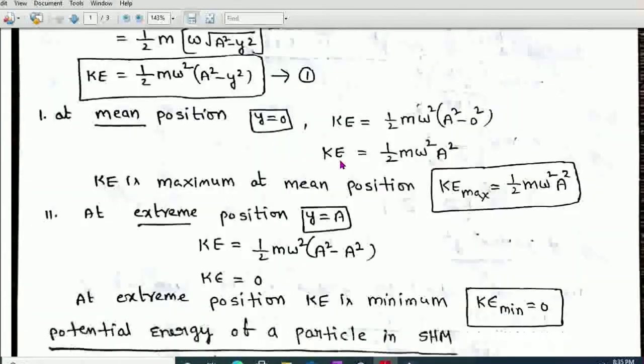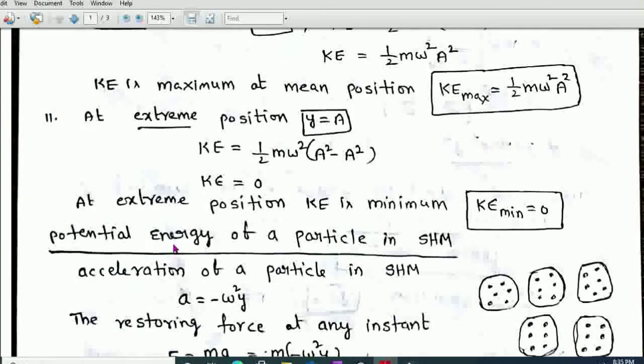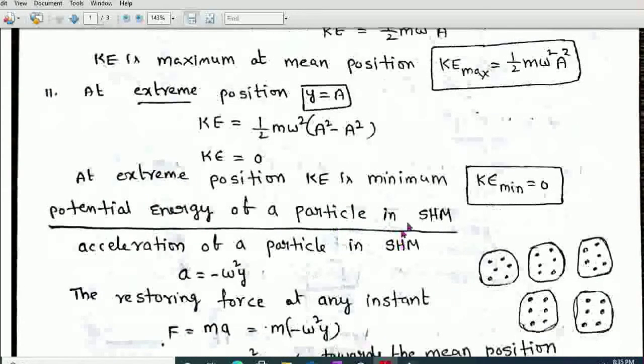Now let us find the potential energy of the particle in simple harmonic motion. Generally, potential energy is the stored energy. For example, if you want to displace the particle from the mean position, where y = 0, to some distance y, we need to do some work.